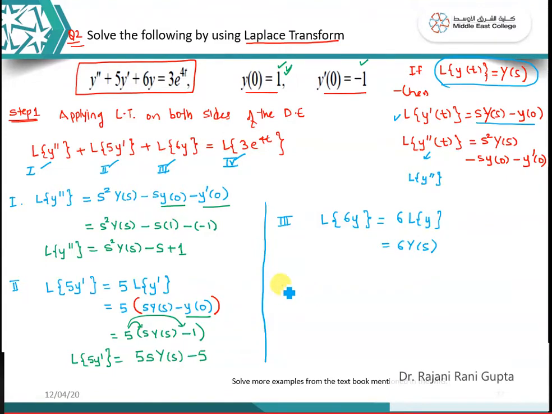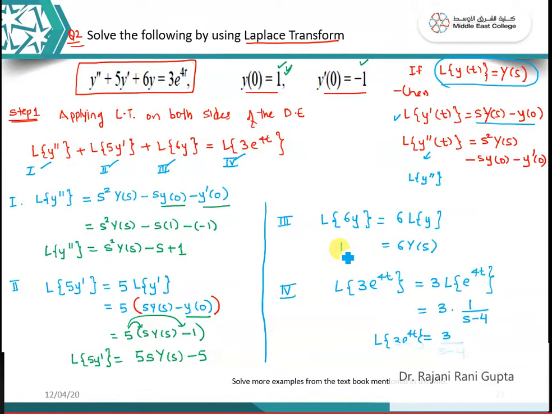And then similarly the fourth term, Laplace of 3 e power 4t. 3 is a constant, take it outside: Laplace of e power 4t. Laplace transform of e power 4t is 1 over s minus 4. So you can write it as 3 over s minus 4. This is the value of Laplace of 3 e power 4t.